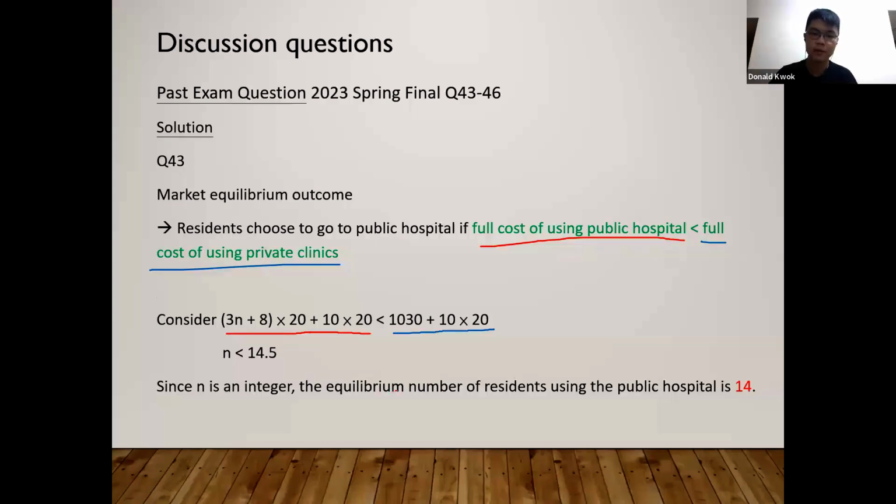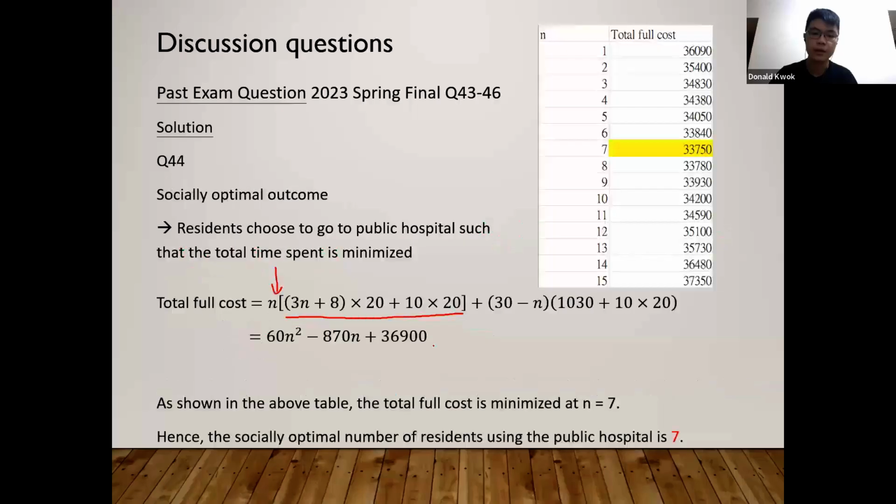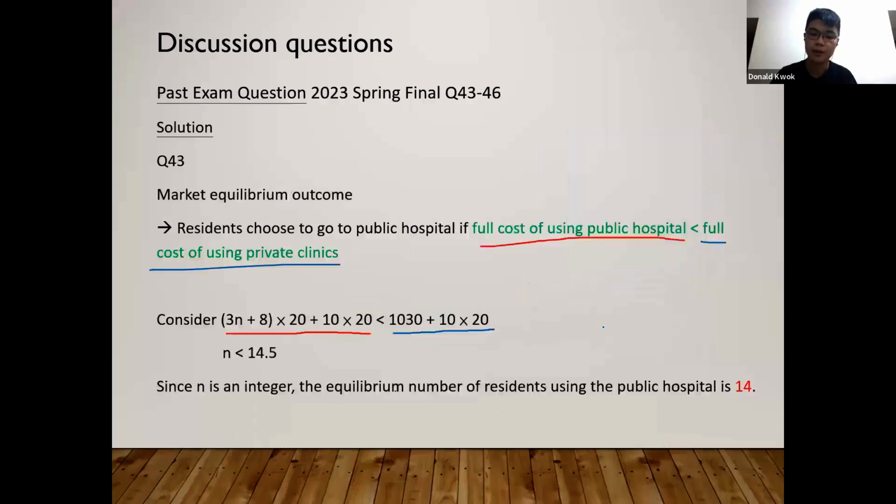Okay, and let me continue. And then plus the total time cost of people who use private clinic. Okay, 30 minus n remaining residents who will use private clinic multiplied by the cost of using private clinic for each resident. Again, the underlying blue thing here is the same expression in question 43.